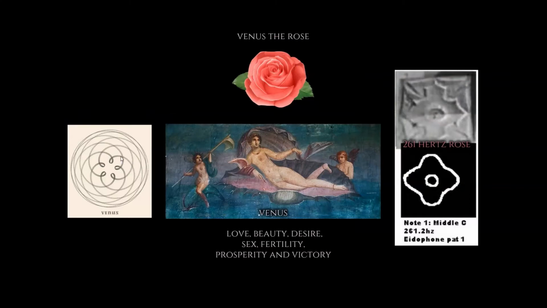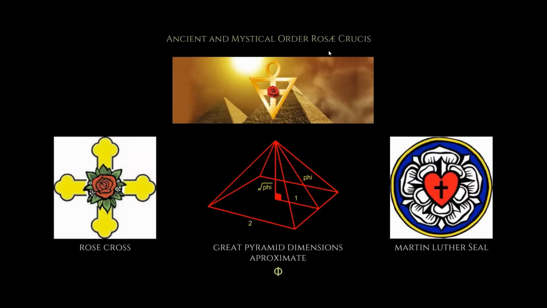If we track the 5 orbital paths that form the pentagram, we get this symbol, which resembles a rose. And the mythological symbol of Venus is the rose. I've also shown this to you before: the rose cross, the 261 hertz rose cross. 261 hertz is the note middle C, and the frequency on an Ionophone forms the rose cross, which is the symbol for the Rosicrucians.